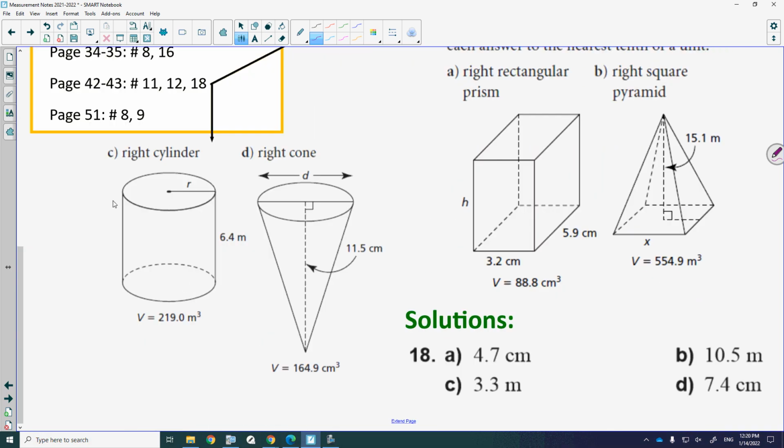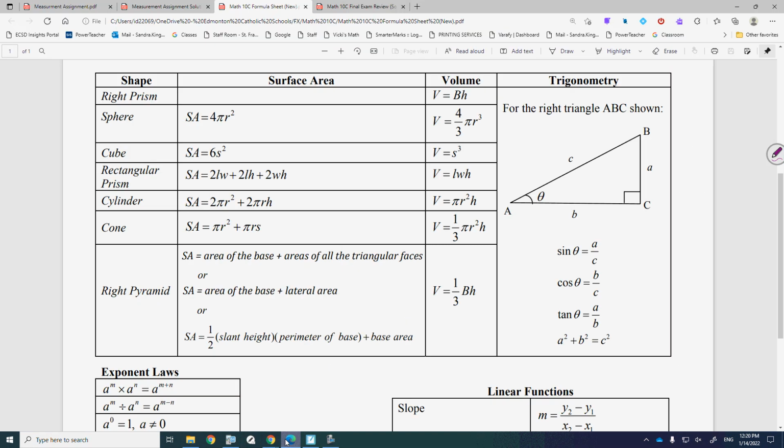Okay, this object right here, it doesn't say much, but basically you know that it's a cylinder and they give you volume. So when you're writing which formula you're choosing, it's cylinder and volume. So let's write what the volume of a cylinder is. Pi r squared h. That's the volume of a cylinder.